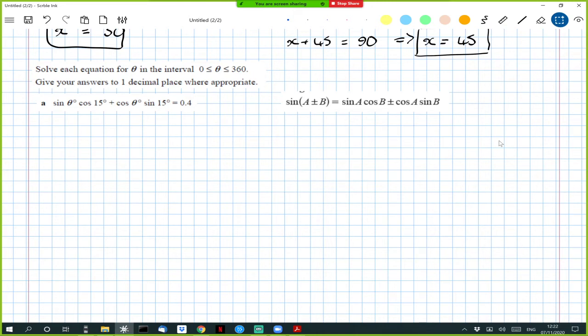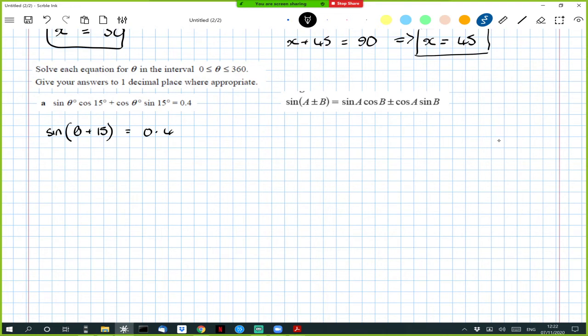And once it's in compound angle form, it's much easier to solve. So that becomes sine of theta plus 15 equals 0.4. And that's now much more like one that we would be asked to solve when we first started off doing trig.